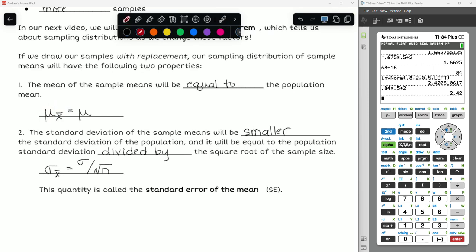This quantity here, the standard deviation of the sample means, is often called the standard error of the mean. So you may see shorthand SE or SE x bar, and that's standard error, which is a measure of standard deviation specifically for a sampling distribution.